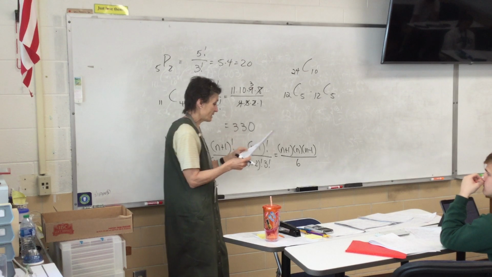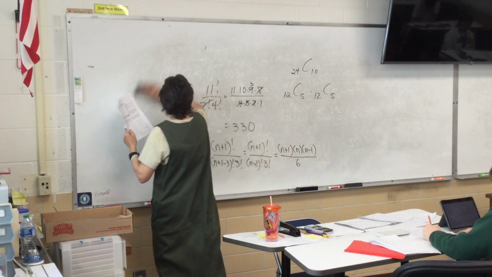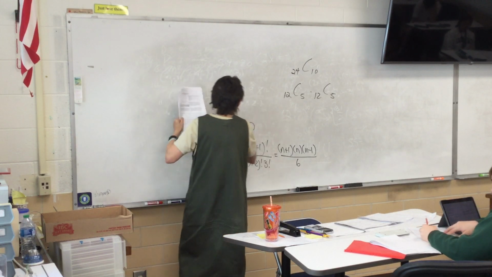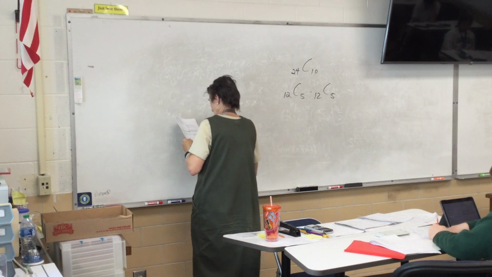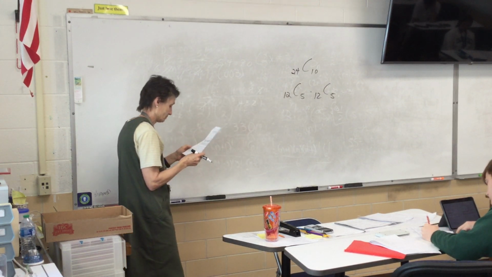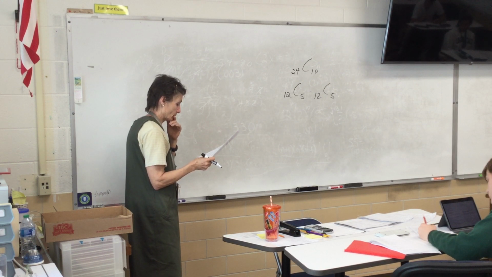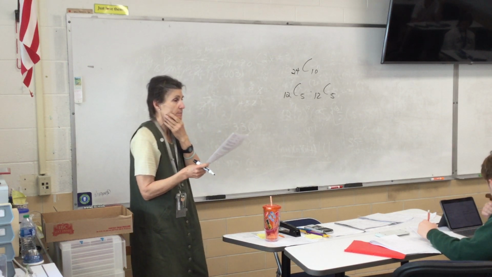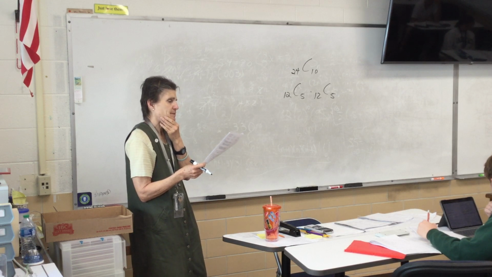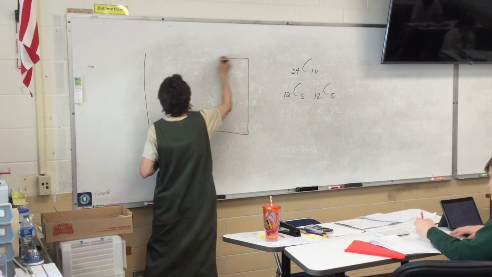Okay, 29. So what are you thinking about a strategy for this problem? Sam? Definitely Venn diagram.